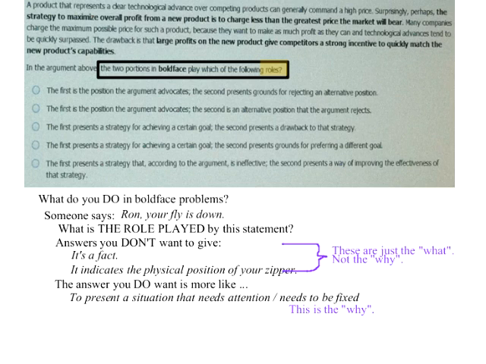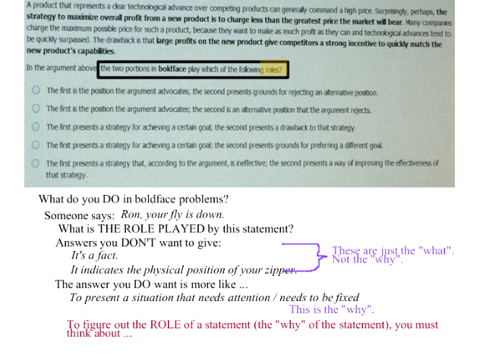But when it comes to actually elucidating what the roles are, you have to think about where we are going with this. So figure out the role of a statement, which is the why of the statement. You must think about that. You have to think about where the speaker is going with this.